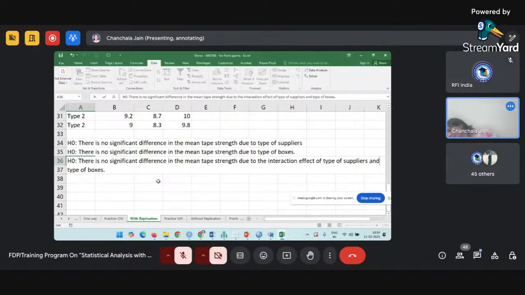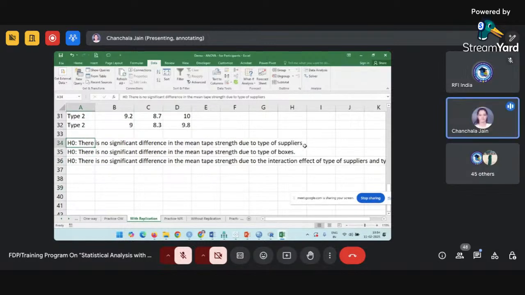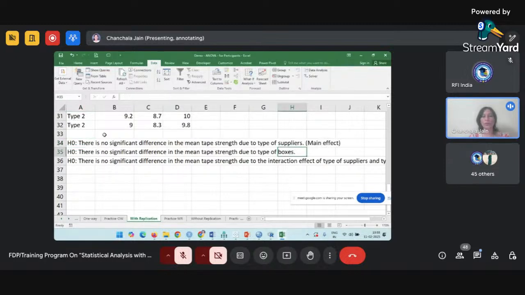Give me a second. My voice is clear? This is known as the main effect, right? This is also the main effect. And this is the interaction effect, meaning this is only the individual categorical variable you are considering.